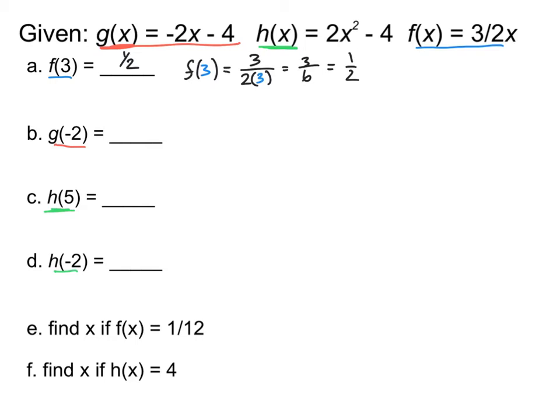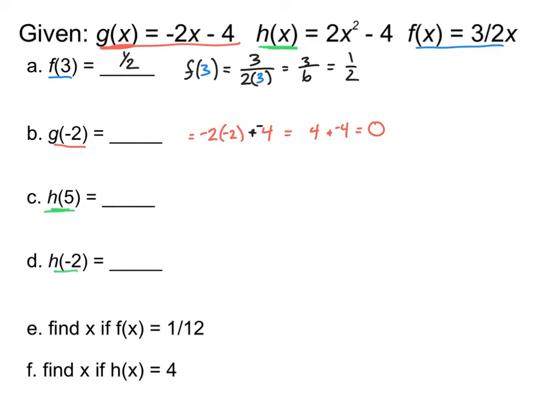All right, we're going to move on to g, and g of -2 means I'm going to take -2 multiplied by -2 and minus 4. If you like to, you can add the opposite if you prefer that. That's going to become 4 plus -4, which would equal 0.